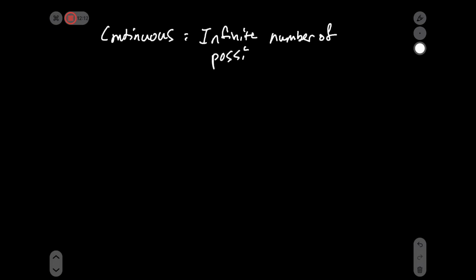Okay, and we'll continue on. We'll define continuous. Continuous variables have an infinite number of possible values, and so basically anything between negative infinity and positive infinity.